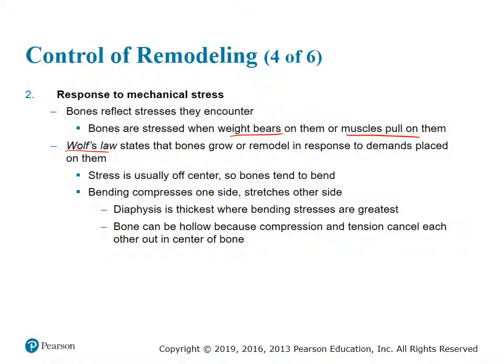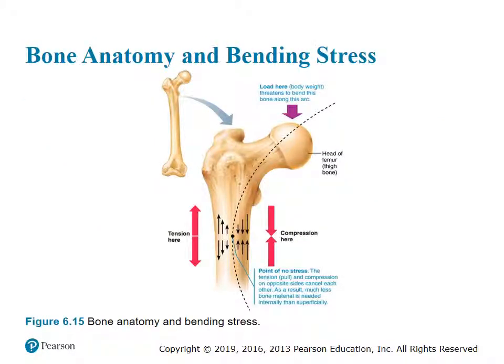Wolff's Law, really quick, states that when bone will grow or remodel, it's going to be in response to a demand placed on it. So wherever that demand is located on the bone, we will see bone growing or remodeling based on that, right? So this is Wolff's Law. This is just saying, okay, if tension or compression is put on bone, we'll see force applied, and there'll be a maximum force right here at the dot.